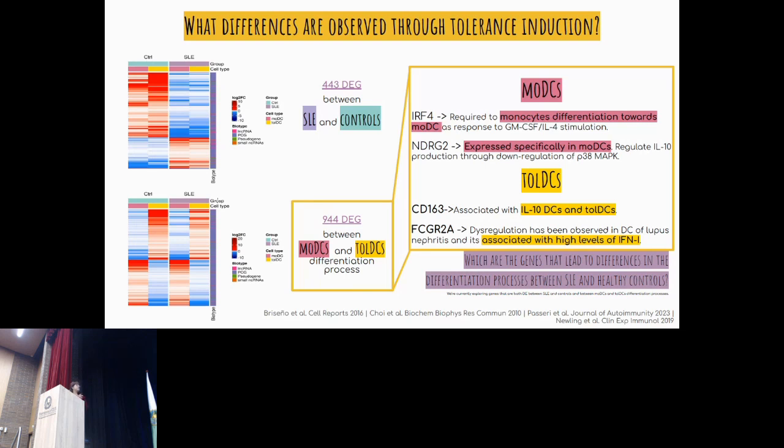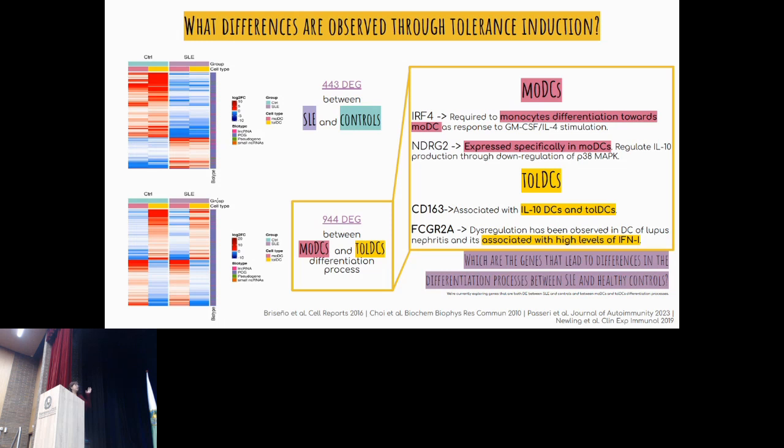So in this case, through the differentiation process, we can observe the overexpression in monocytes of IRF4, which is required for this differentiation towards the MoDC phenotype. And in the case of tolDCs, we can see some of the markers associated with interleukin 10, sorry, that is the stimulus we used.